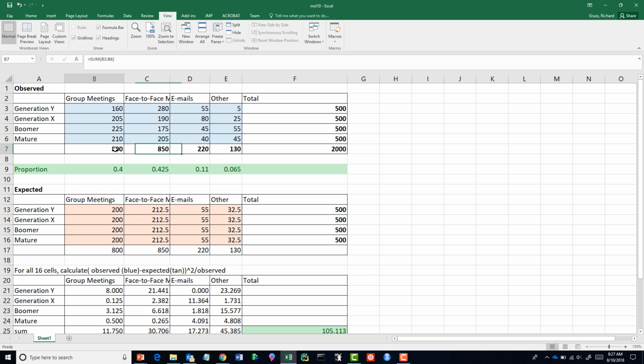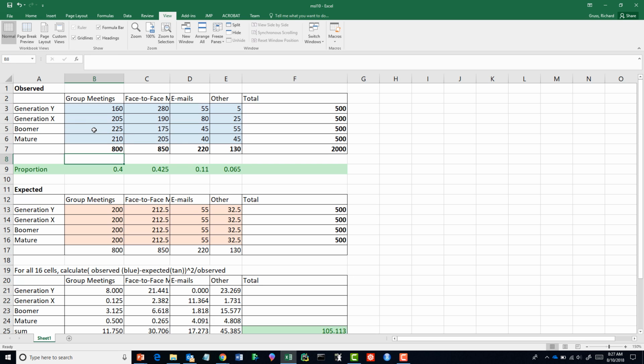Okay, so the reason I needed these numbers down here was so that I could calculate the expected value. So the idea would be that if in general 800 out of 2,000 people prefer group meetings, then that proportion would be the same for all generations if there were no relationship between generation and preference.